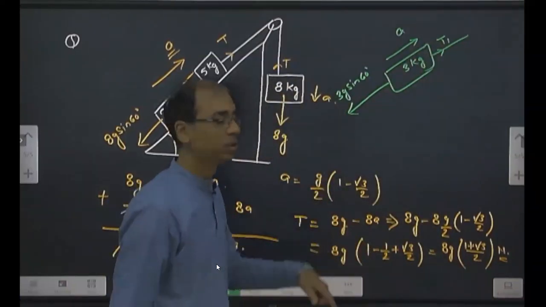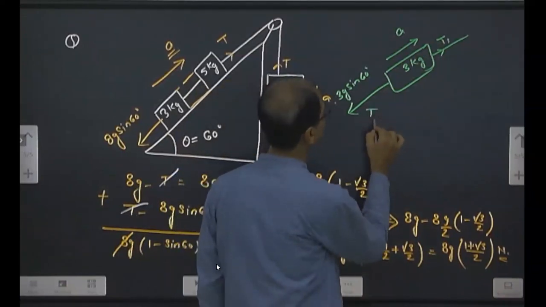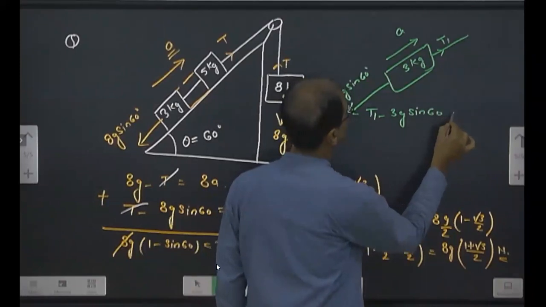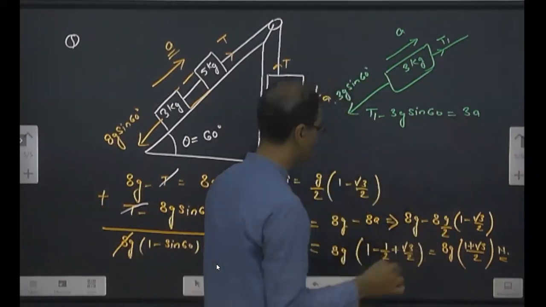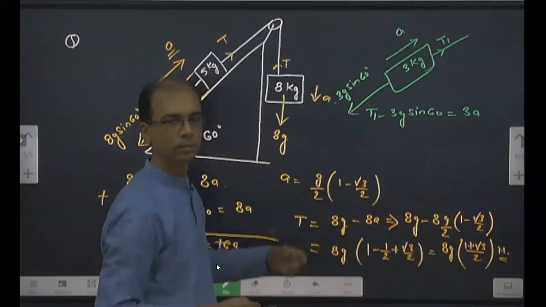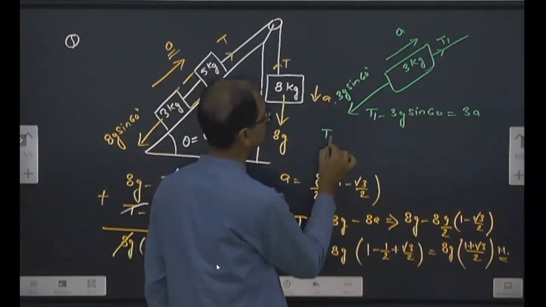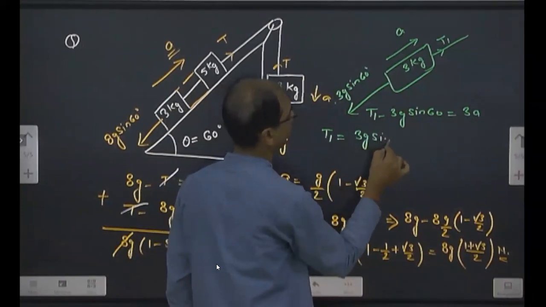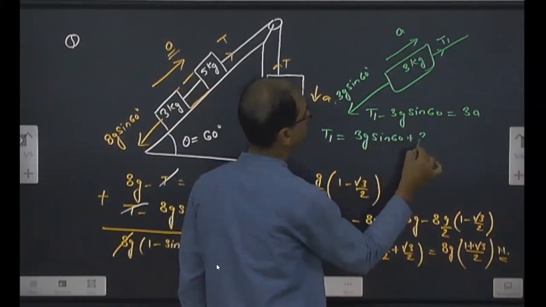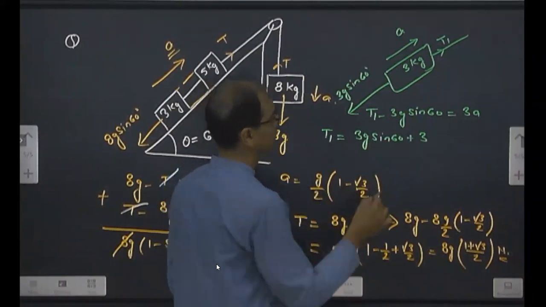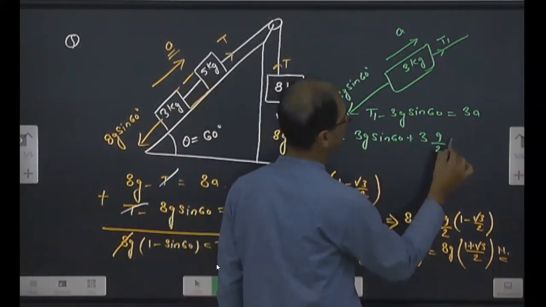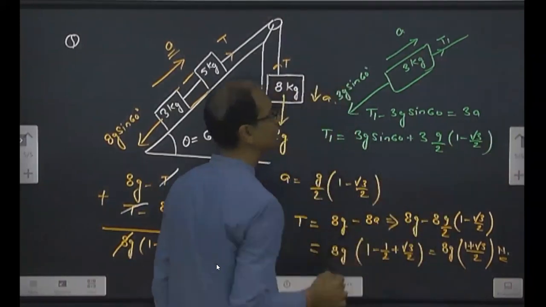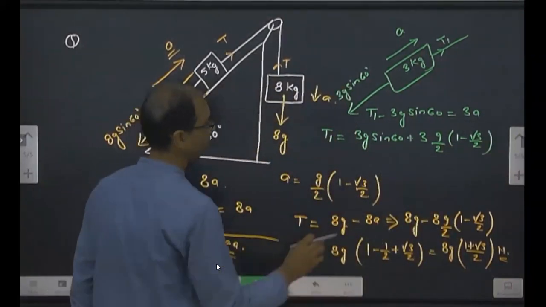So if I write the equation, it says T1 minus 3g sine 60 equal to 3a, and a is what you already have got. So T1 is, take this 3g sine 60 that side, plus 3 into a, that's g by 2 into 1 minus root 3 by 2. Sine 60 also you keep the value, root 3 by 2, it will be better here itself.